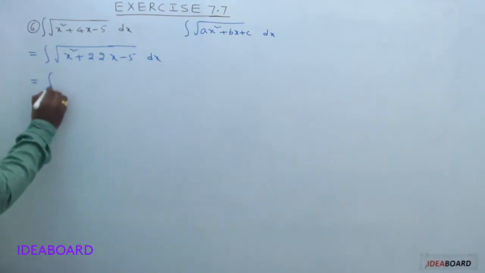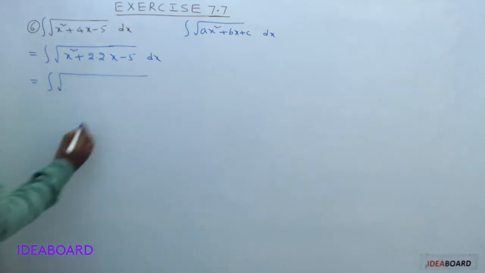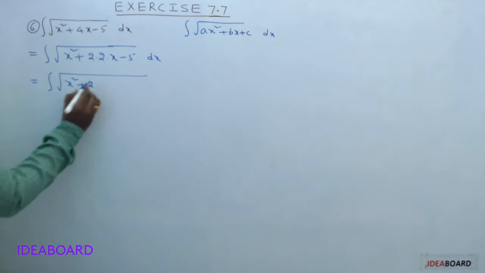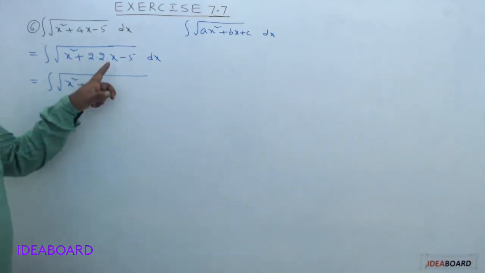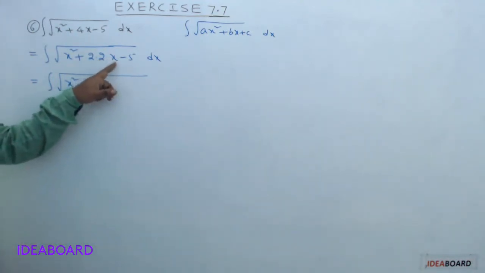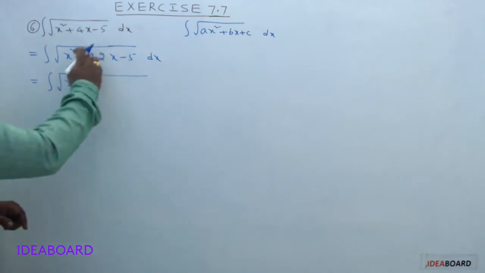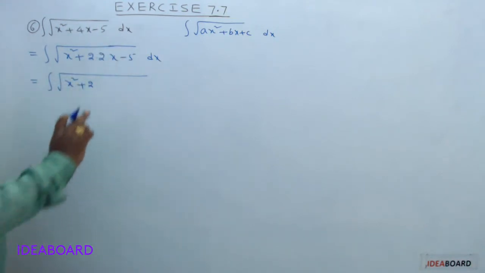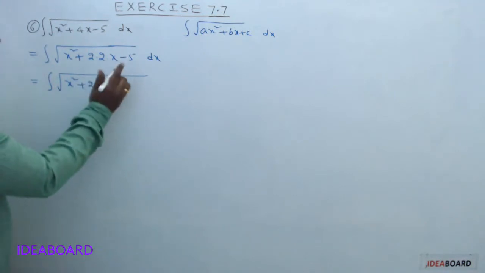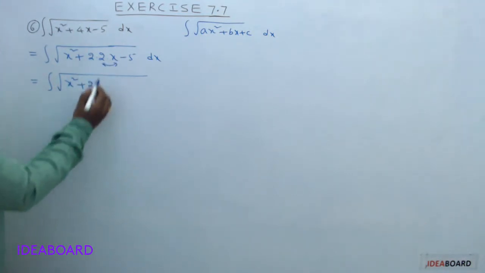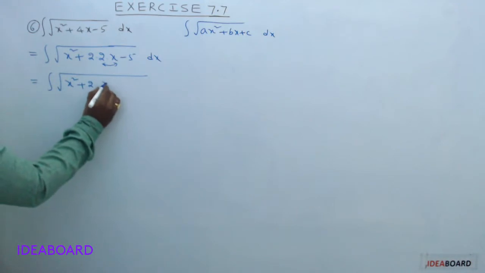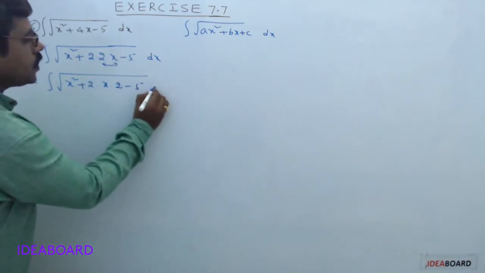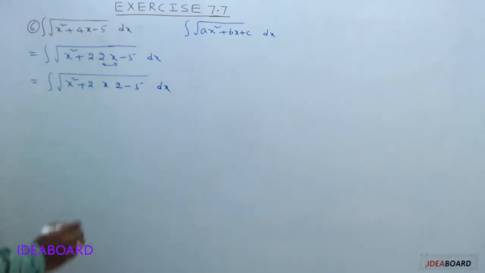Now this is equal to integral square root of x² plus 2 into, here if you interchange this x and 2, then the value of this term does not change. So here I am going to interchange this 2 and x. Then it will be 2 into x into 2 minus 5 dx.